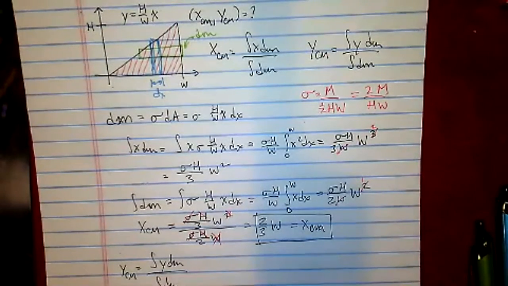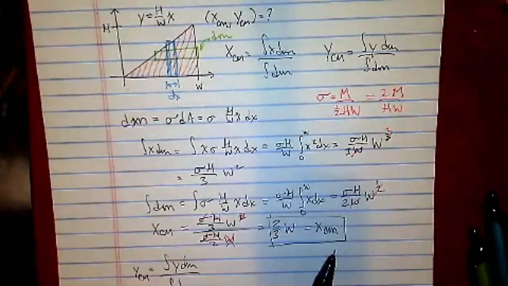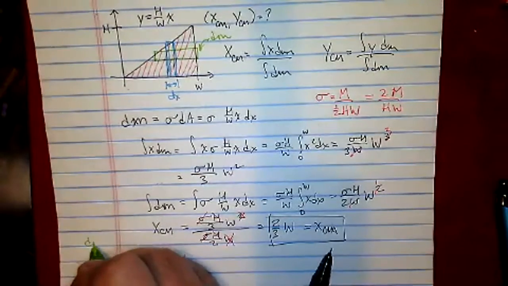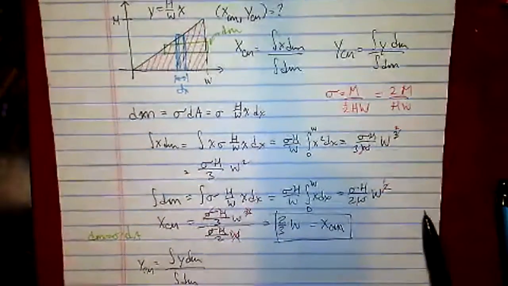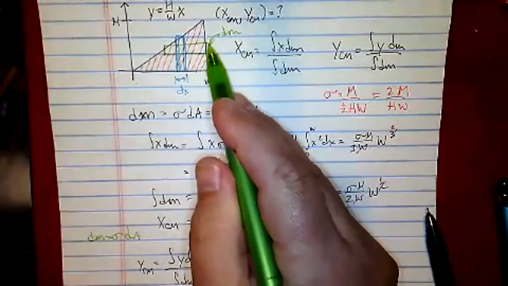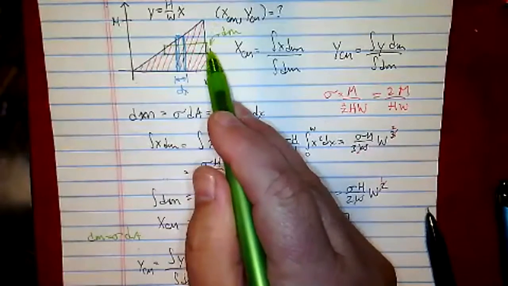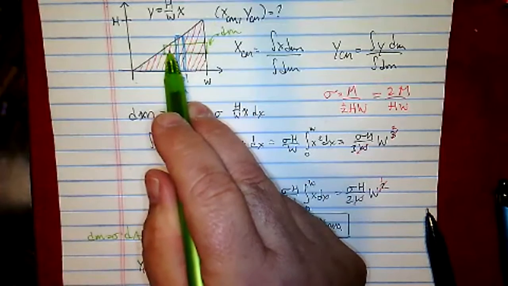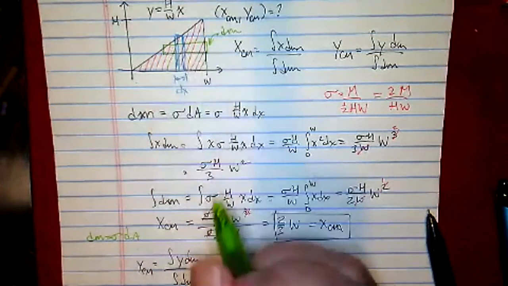I'm going to say my differential mass element, I'll keep it in green so we remember which one it came from. So dm is equal to sigma dA. But now I want to take the max height to be w. So it's going to go from w down to that equation, but I need an x value. So that's going to be w over h times y.